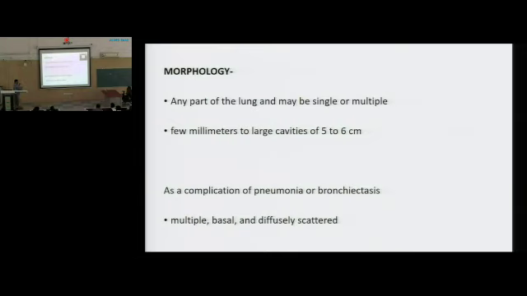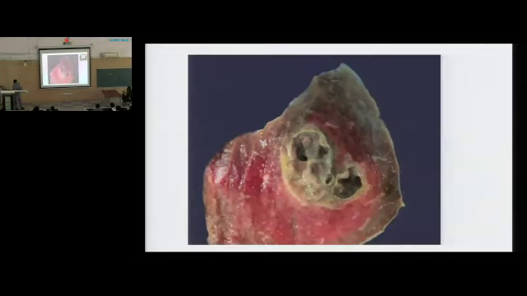As a complication of pneumonia, if the patient didn't get treatment over a long course, pneumonia or bronchiectasis patients develop lung abscess, and they can be multiple, basal or diffusely scattered, or single also. This is a gross image of lung parenchyma with lung abscess, from Robbins' textbook. You can see a well demarcated cavity, and this cavity contains exudative material, pus.